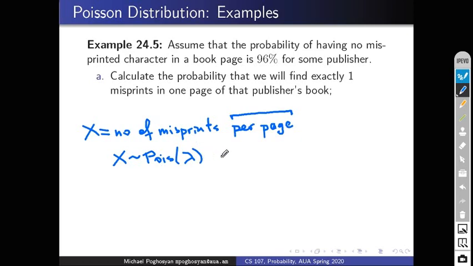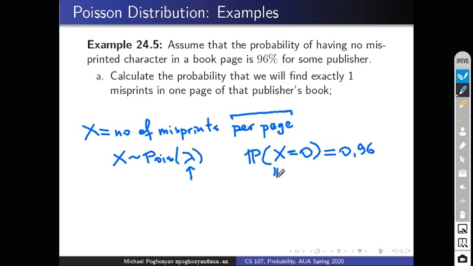So what is given? We have the following information. The probability that we will have no misprinted character, so no misprinted character is when X is 0, where X was the number of misprinted characters per page, is 0.96. So from here we can calculate that lambda. Lambda is not given in the problem, but we can calculate it easily.